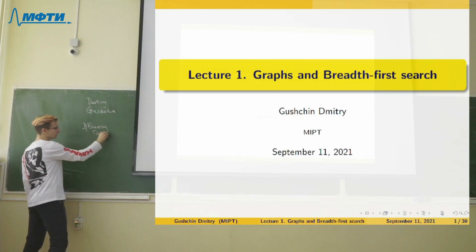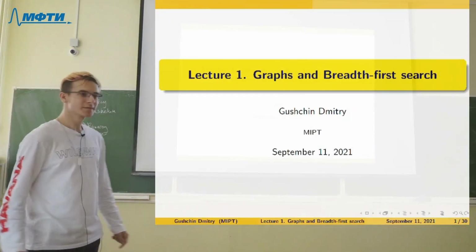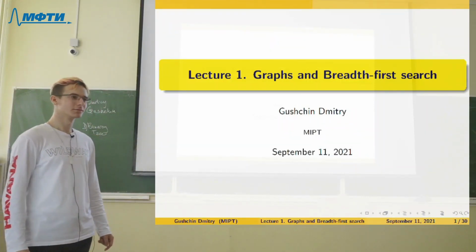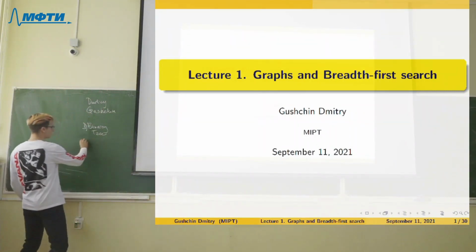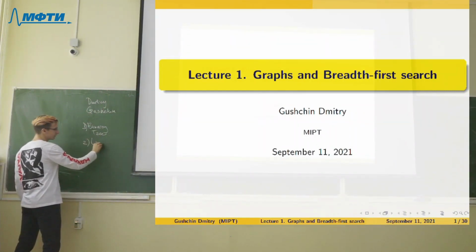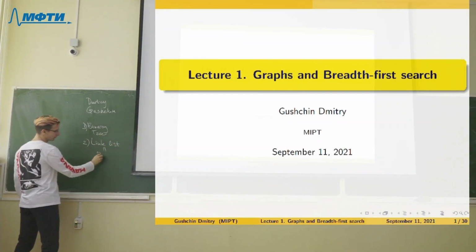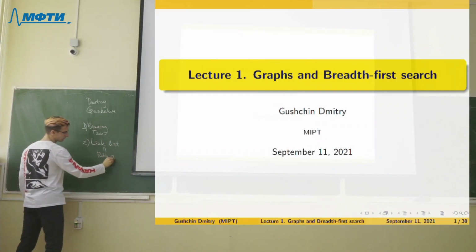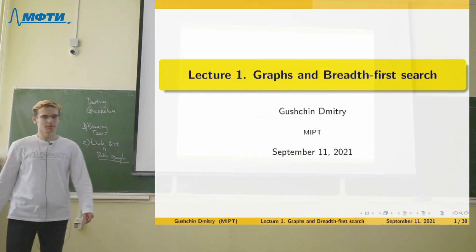And other classes of graphs, or linked list. For example, a linked list in graph terms is equal to a path graph. Okay, other?